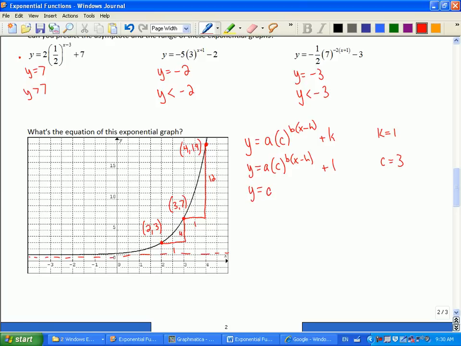Okay. The nice thing is now that we know what the base is, we know what our base graph was. So I'm going to show you what some points would look like on that base graph to help you think about what's changed. Normally it would have been like this.